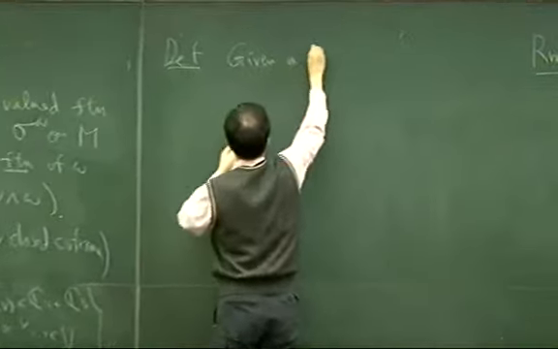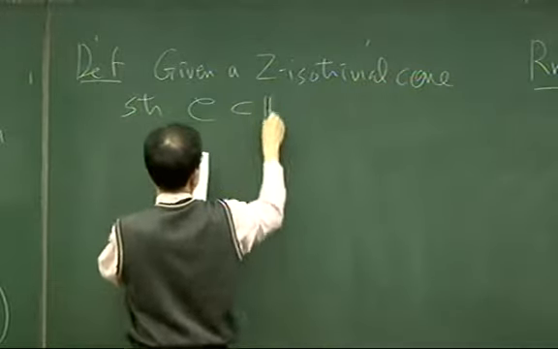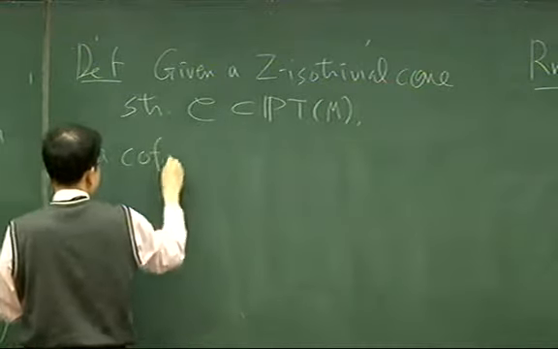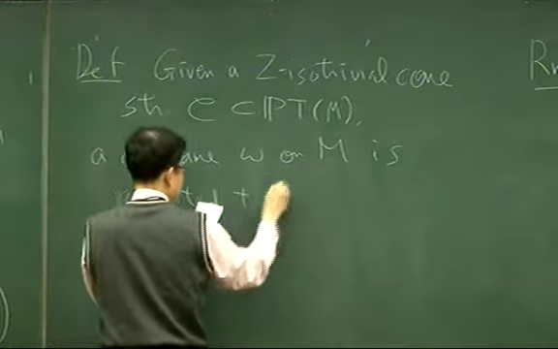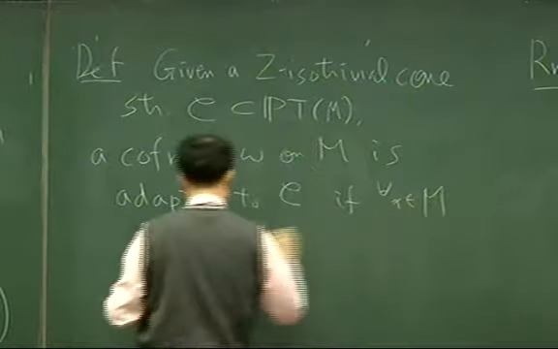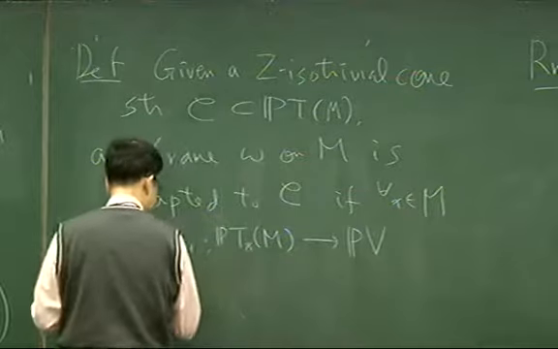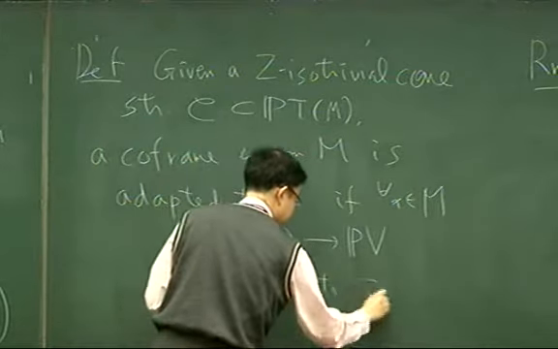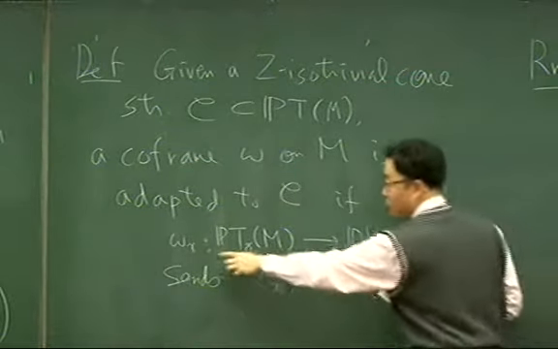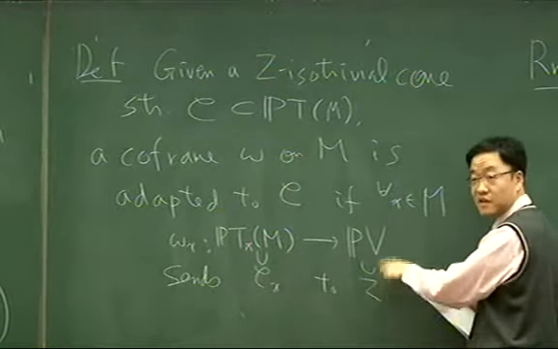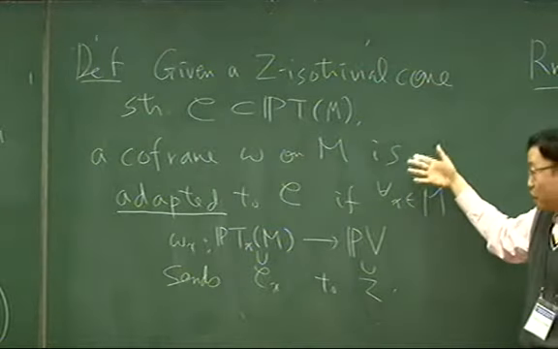Given G isotrivial, a co-frame is adapted if the isomorphism induced by this co-frame sends our cone to this Z. That's a very natural definition of those co-frames which are compatible with our cone structure.